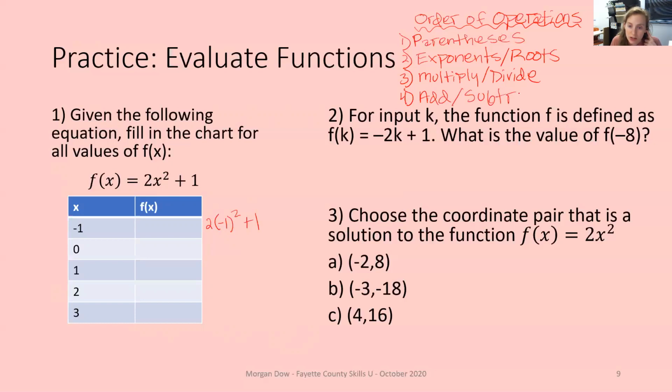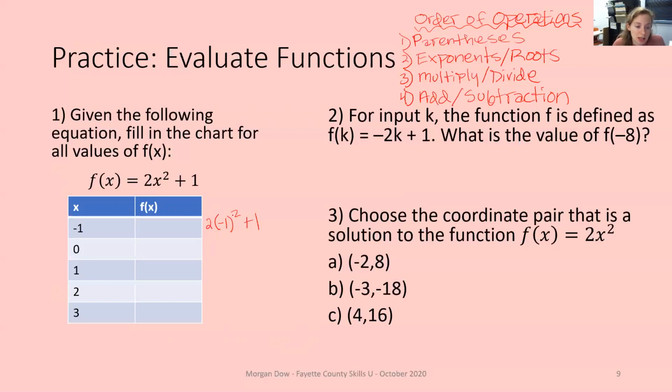So for this calculation, I've got multiplication, an exponent, and addition. I do technically have parentheses, but if you look inside the parentheses, there's not actually any work to be done inside of them. They're just holding a number. So we can ignore the parentheses and just move on to dealing with the exponent.